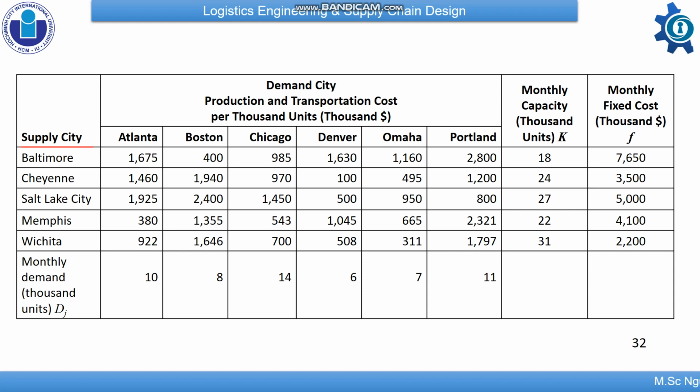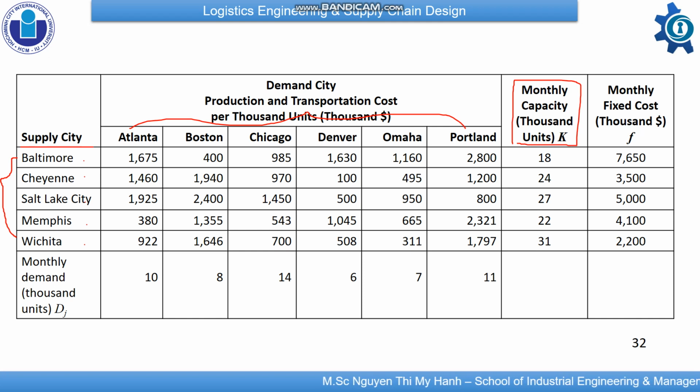And here, after merging two companies, Telecom Optic will have 5 factories here to serve 6 markets here. And here is the monthly capacity of each factory.